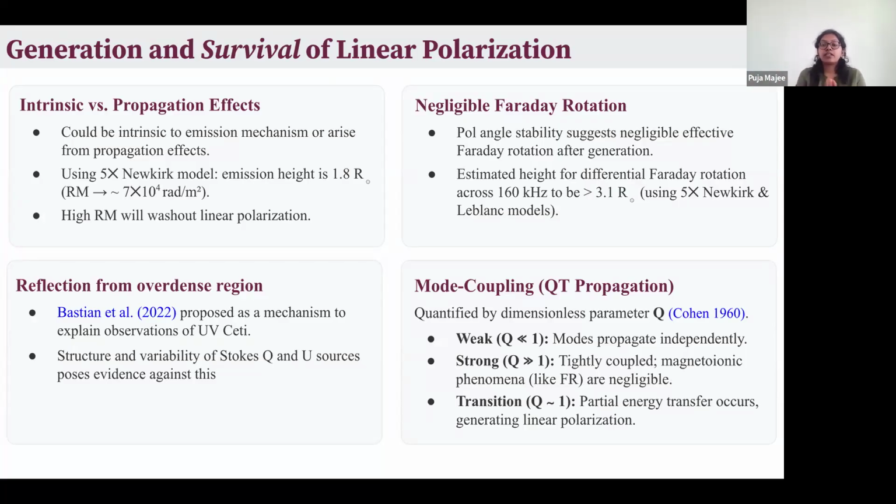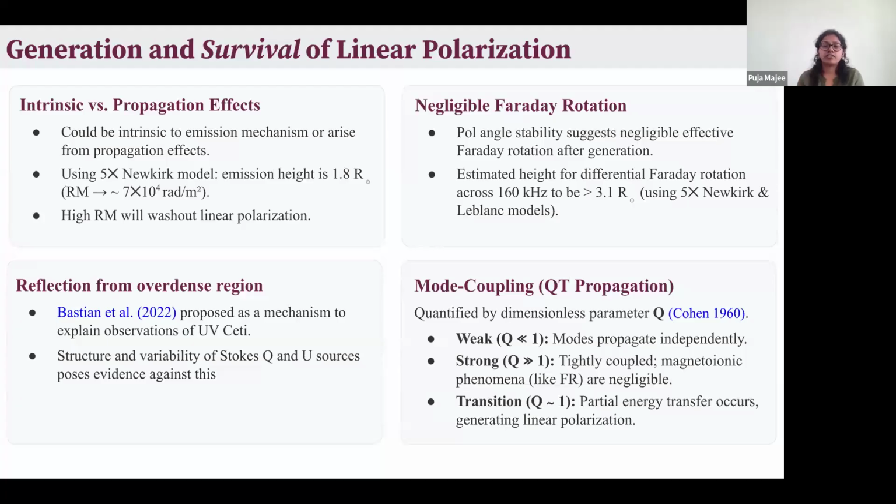When Q is very much less than 1, it means the weak coupling regime, where the X and O modes propagate independently. If Q is very much greater than 1, it means the strong coupling regime, where the X and O modes are tightly coupled, and therefore any magnetic field will not affect these two modes, which means the polarization is frozen.